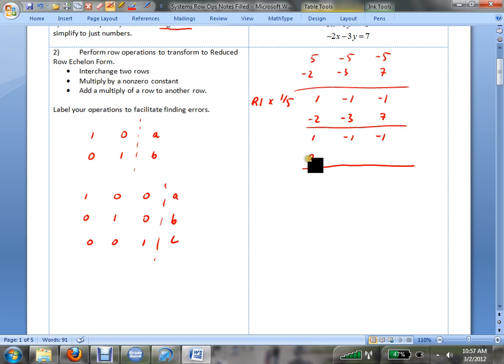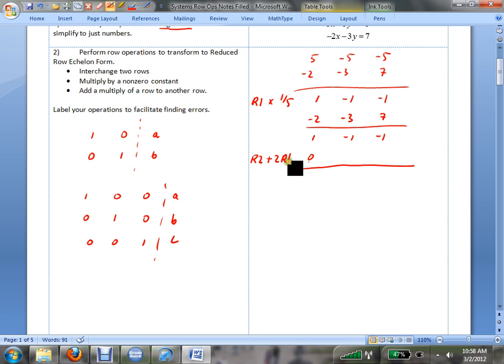Well, how could I do that? I'm going to think of what operations would yield a 0 here. Well, I'll take row 2, and then I'm going to add 2 times the first row. Okay? Negative 2 plus 2 times 1 is 0.